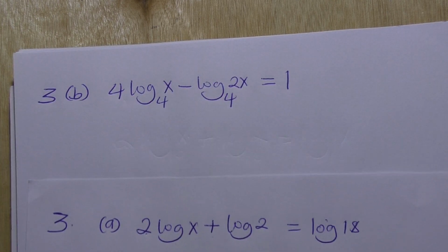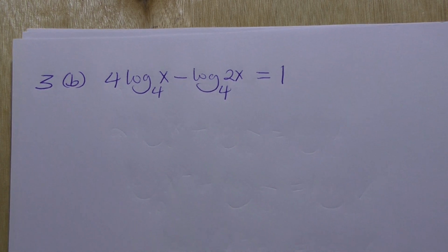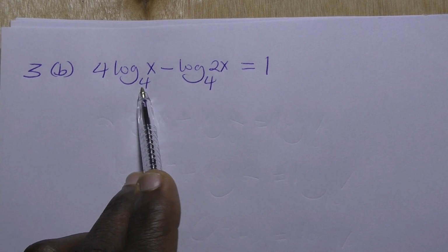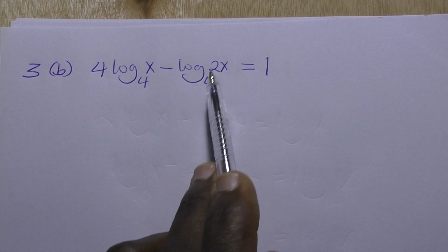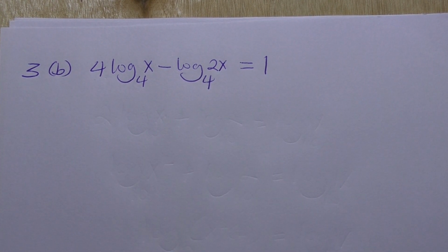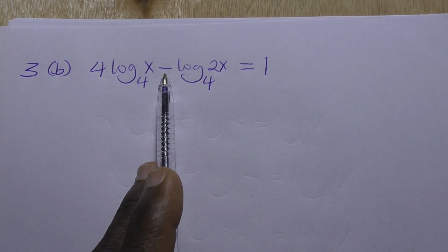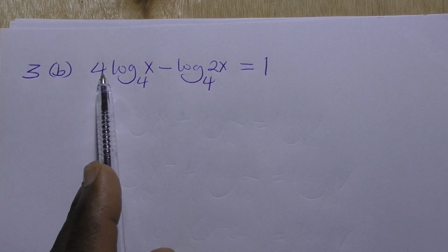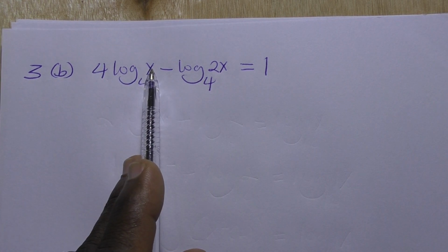Part B says 4 log x base 4 minus log 2x base 4 equaling 1. Still, in this case we have minus, but before we deal with the minus, we must first of all bring the coefficient of the logarithm to become the power of x.